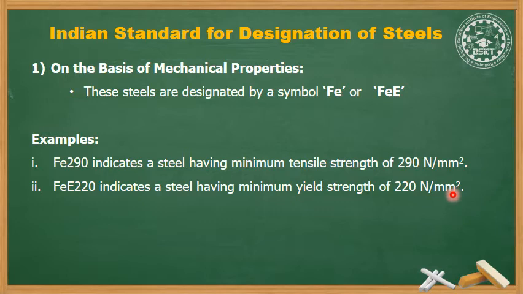So you have to remember only these two designations: when only Fe is given, it belongs to tensile strength, and when you have FeE, that E belongs to the yield strength of the material.